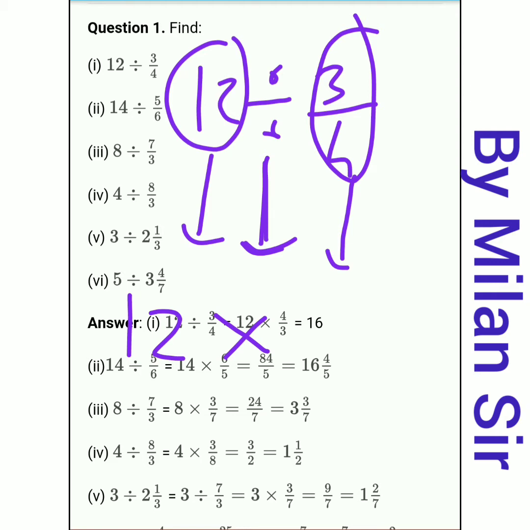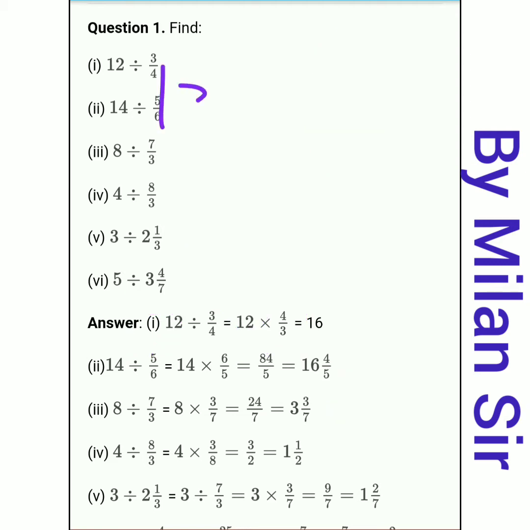That means we need to change our numerator and denominator. Here 3 by 4, so reciprocal is 4 by 3. Denominator becomes numerator, numerator becomes denominator. So in this way we can convert division into multiplication, and multiplication process we already learn, right?